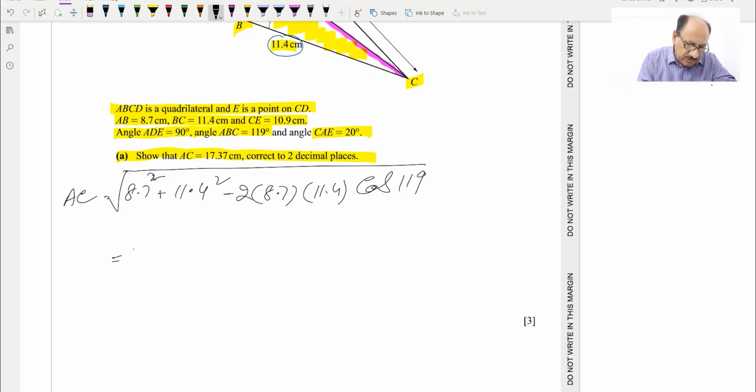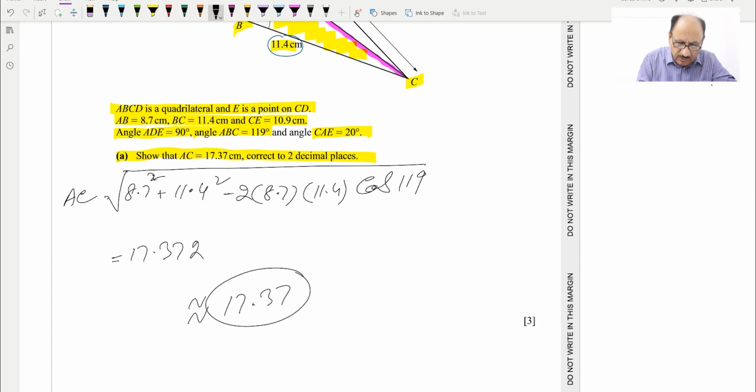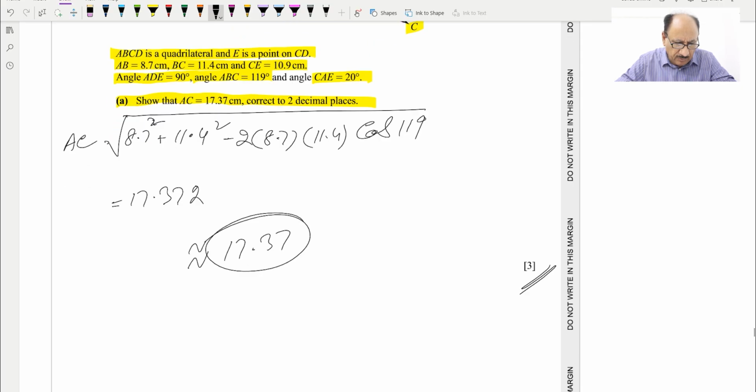So we can write 17.372, which is rounded to 17.37, which we need to prove, and this was for 3 marks. Hopefully you understand this. You can mention the cosine rule in the question also, that will be better.